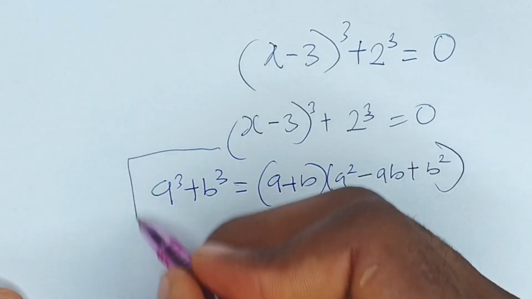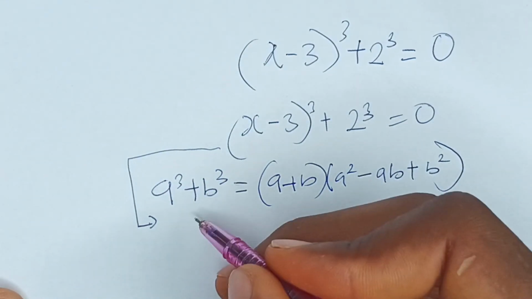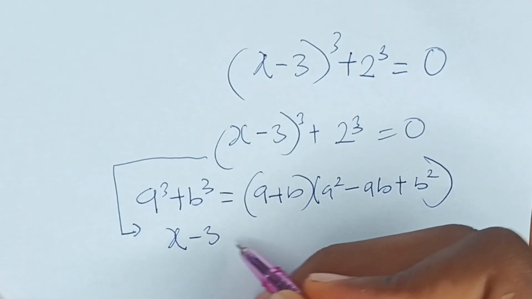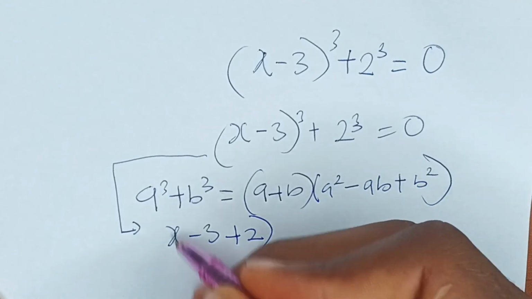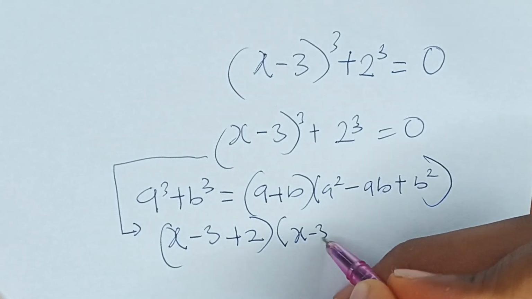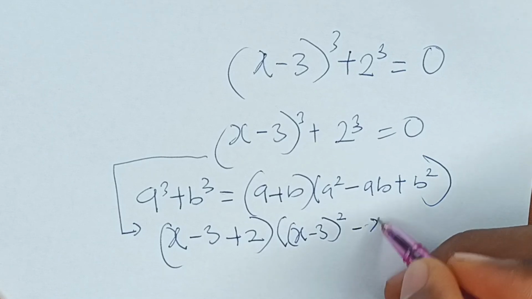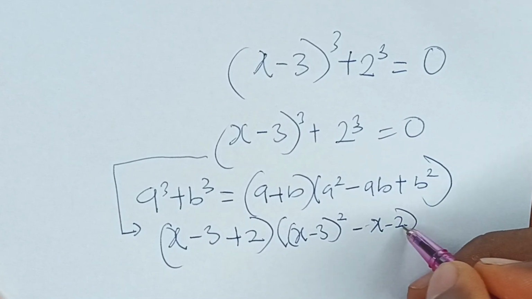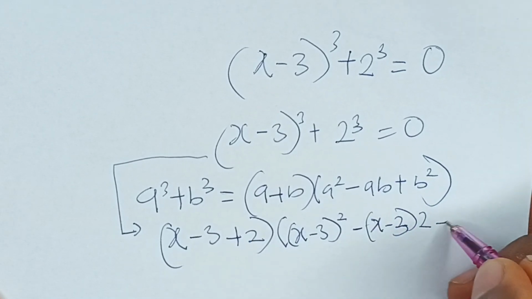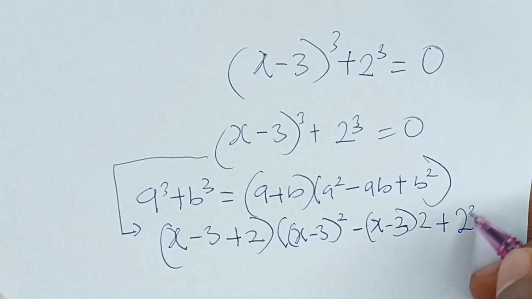So moving on from here, this is equal to (x − 3 + 2) multiplied by ((x − 3)^2 − (x − 3) times 2 + 2^2).